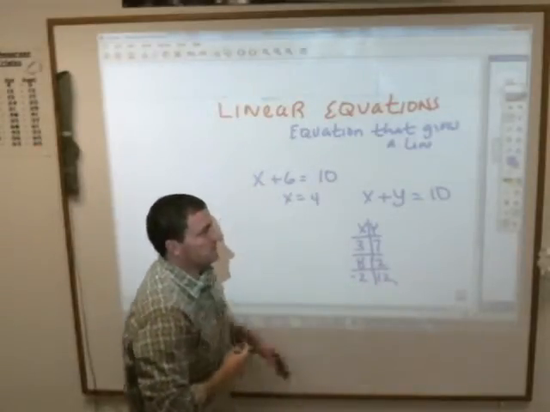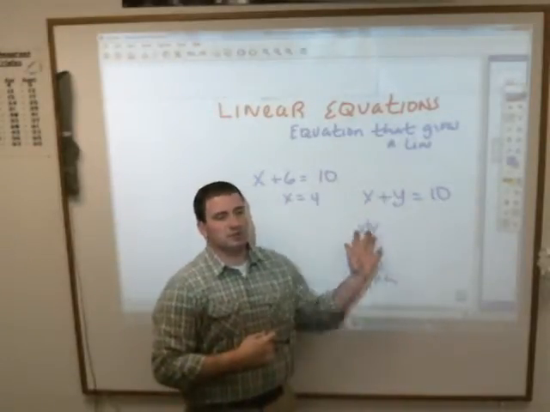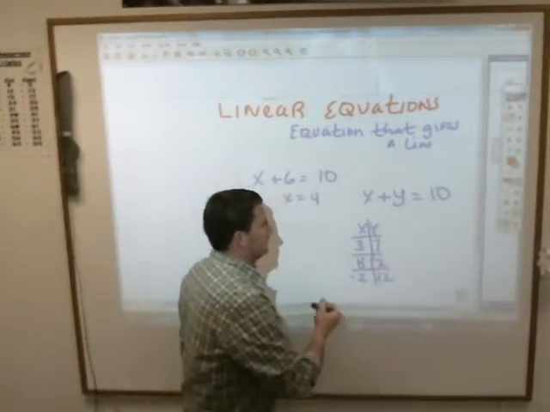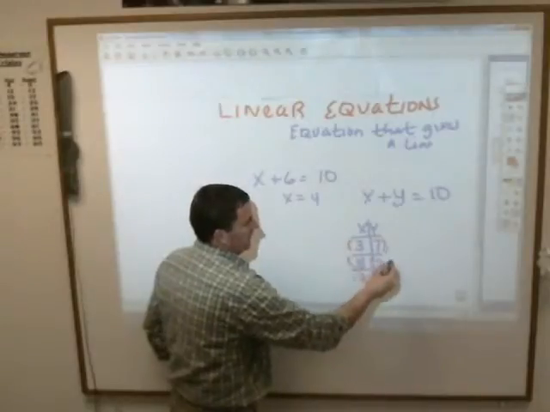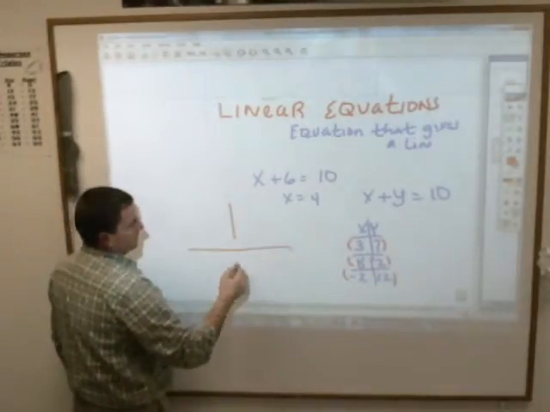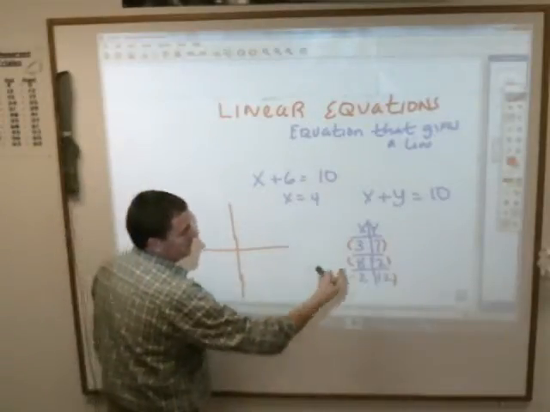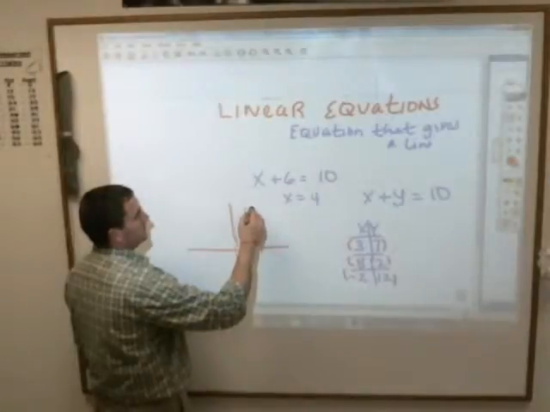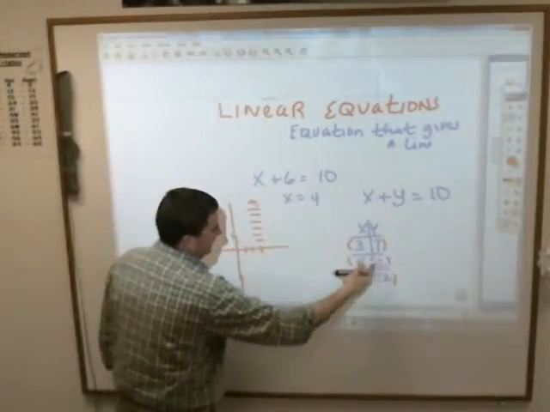Because there's an infinite amount of answers to this, one way that we've come up to show those answers is to make them ordered pairs and graph them on a coordinate system.